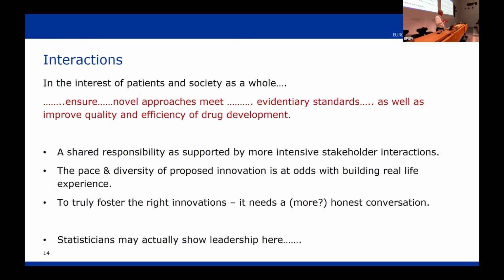So I would love to see the conversation getting a little bit more open, a little bit more vulnerable on the things that we both know are challenging in new designs or in using external controls. Actually, my guess is all your statisticians have an itch that there are problems there that we can only difficultly tell.